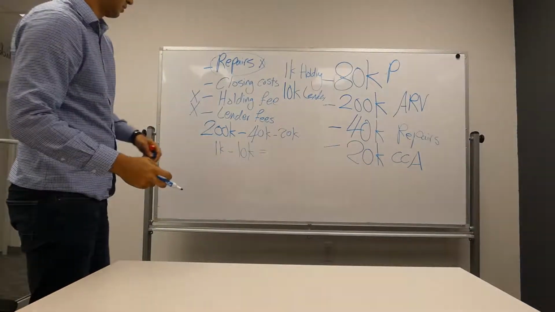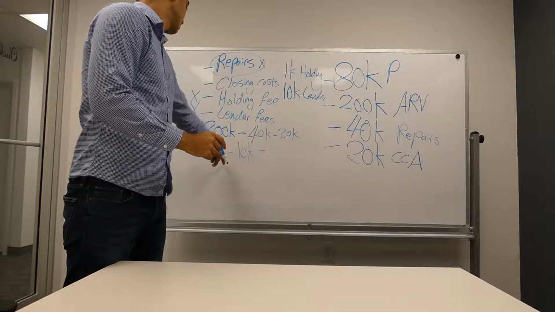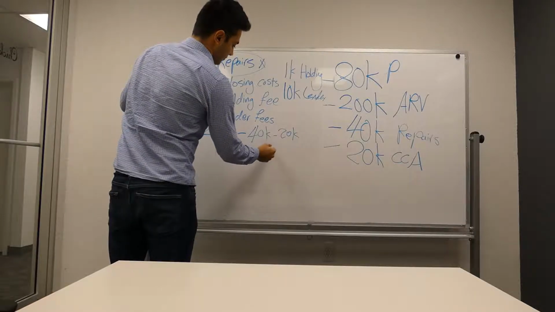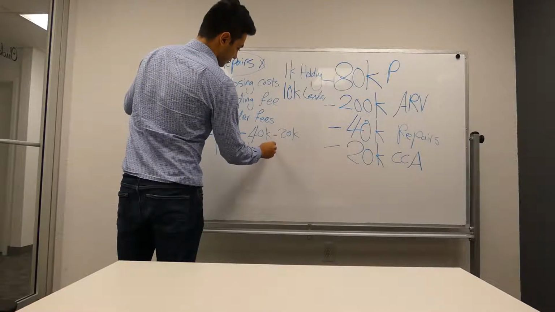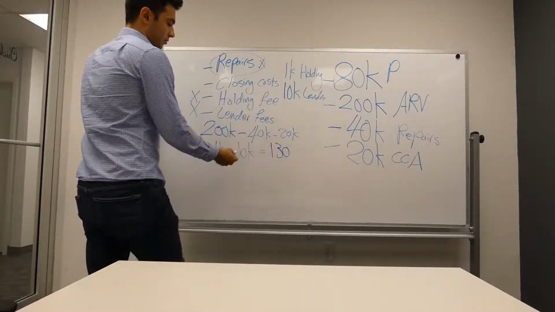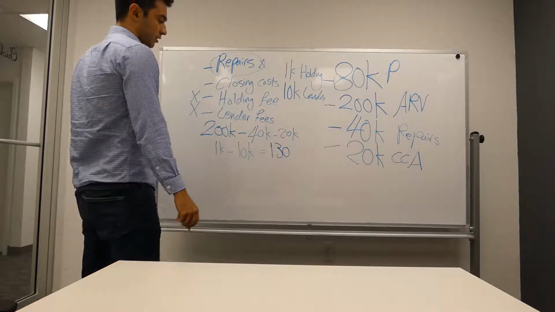So that would be 60, 70, 71. So 70 minus 200,000, that's going to be 130, right? And then minus the 1K for holding costs, 129.